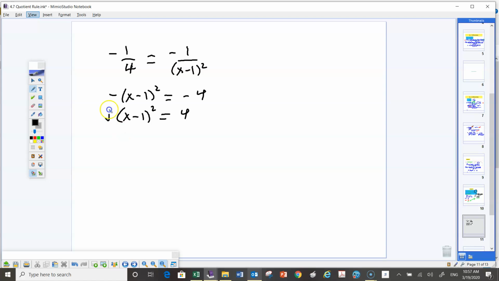And if I square root both sides right now, I'm going to get x minus 1 is equal to plus or minus 2, and therefore x is going to be 1 plus or minus 2. So my two possible values for x could be 1 plus 2, which is 3, or it could be 1 minus 2, which is negative 1.